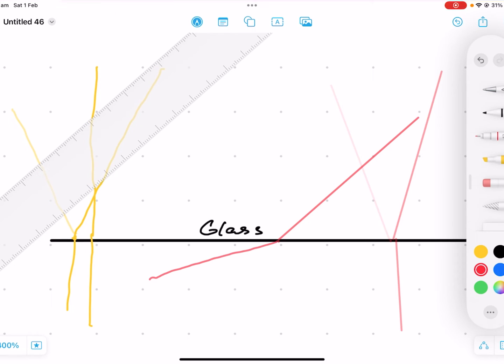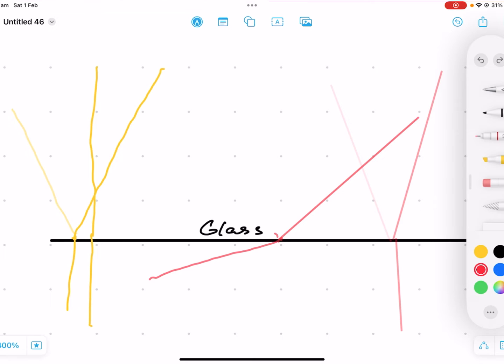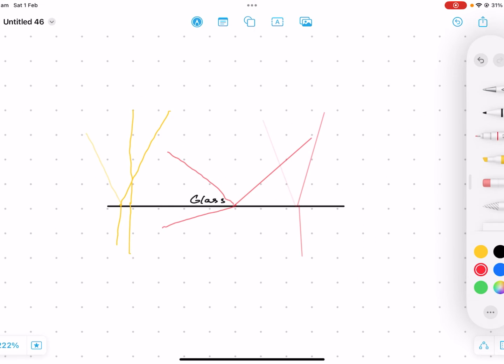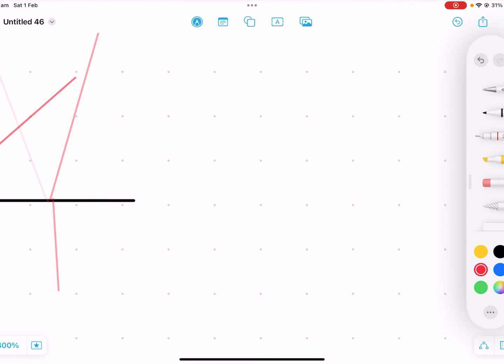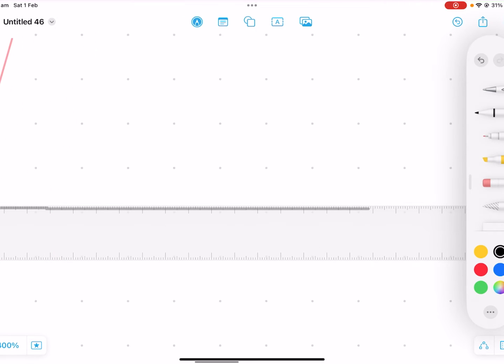If you shine it like that, it's still reflecting, but the refraction is coming closer to the glass. Okay.